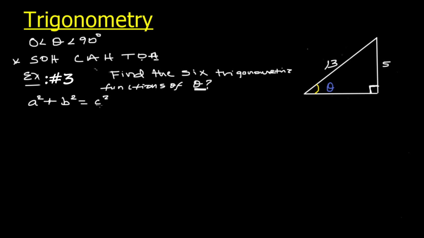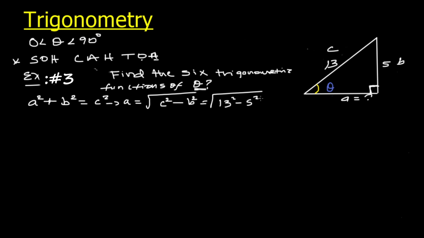Here c is our 13, this is our b, and this is a, which we don't know. Therefore a equals the square root of c squared minus b squared, which is the square root of 13 squared minus 5 squared, which is the square root of 144, which is 12.